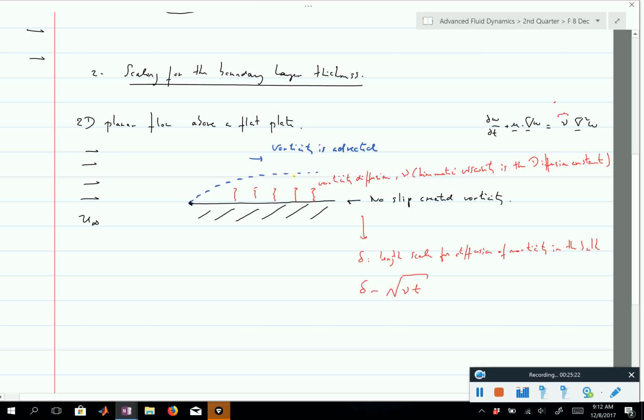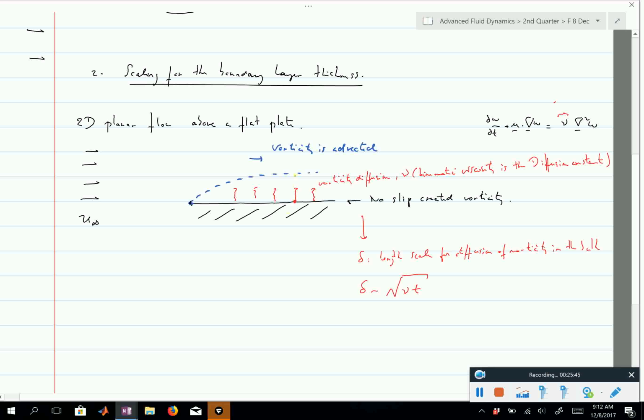Now if you want to know what the boundary layer thickness is, you want to think: for how long could vorticity diffuse here, and still affect that region? That is the time scale it takes for the flow to go from here to here.